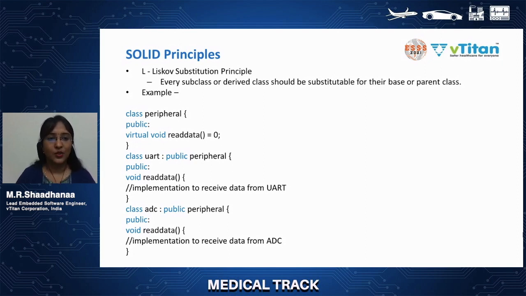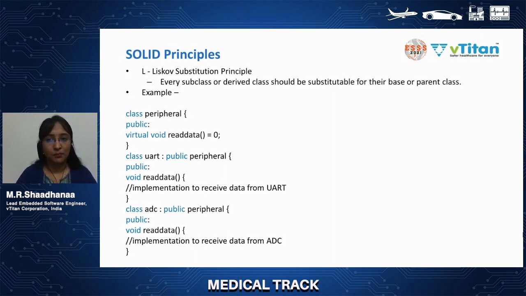So I have a class called Peripheral. This is my base class, and also an abstract class, because I just have certain things which are very essential for peripherals. For any peripheral, we can read data from it. We can set the clock frequency for it. So I have certain things common for all the peripherals.